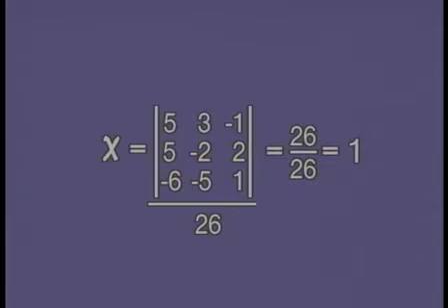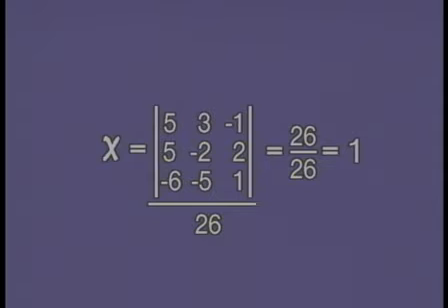I'm sorry, we replaced the 2, 3, and 1 with 5, 5, and -6. And when you start working with 3 by 3 or 4 by 4 determinants, it's very important to double check, because it's easy to make a mistake, as I just did, and put the wrong numbers in someplace. We want to replace the first column with the 5, 5, and -6, the answers on the right side of equals, and every other number stays the same as it was in big D.